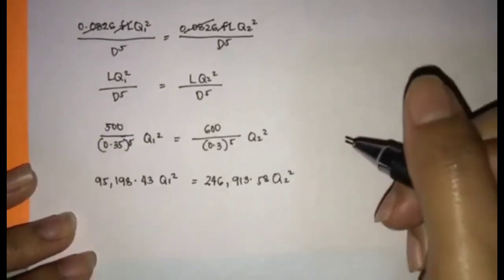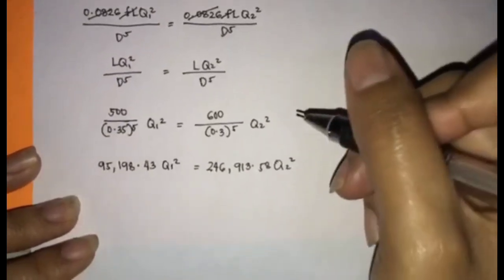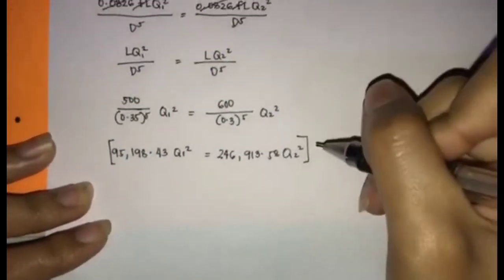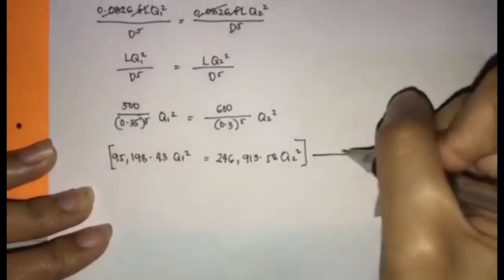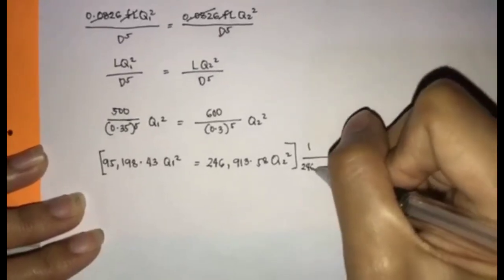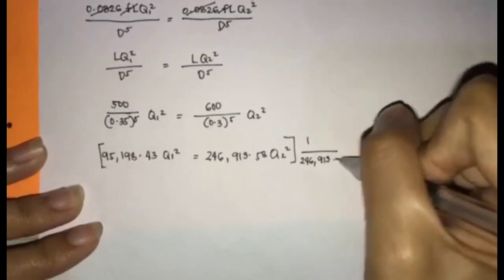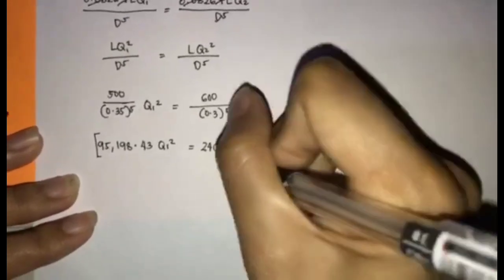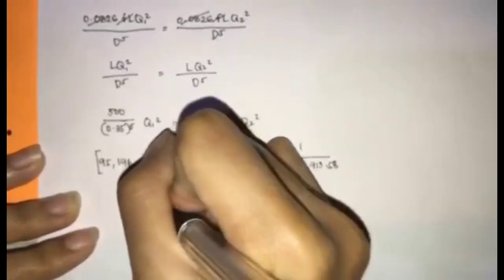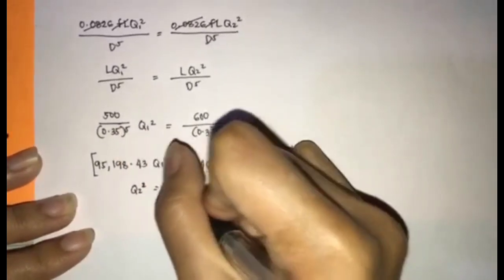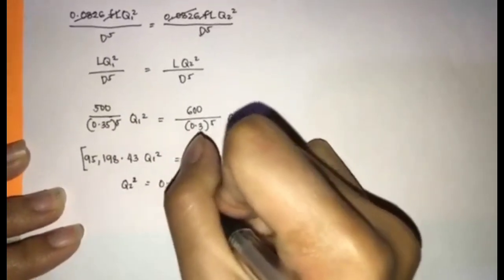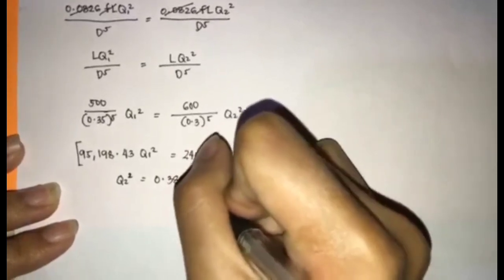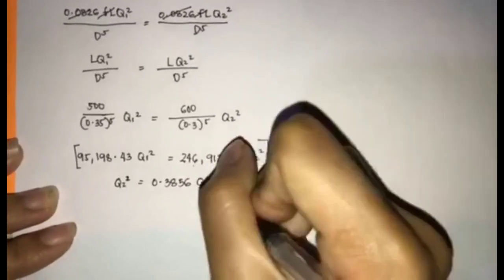So to get the value of Q sub 2 in terms of Q1, we divide both sides by 246,913.58. So Q sub 2 square is equals to 0.3856 Q sub 1 square.